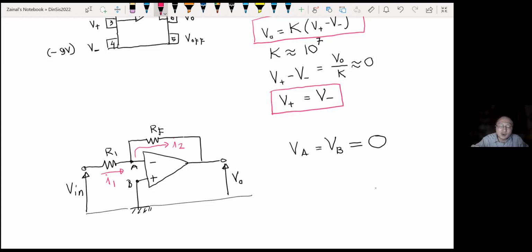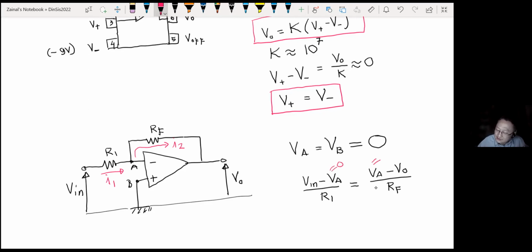Right? So look, Vn minus Va divided by R1 is equal to Va minus Vo divided by Rf. But we know that this one is almost zero.